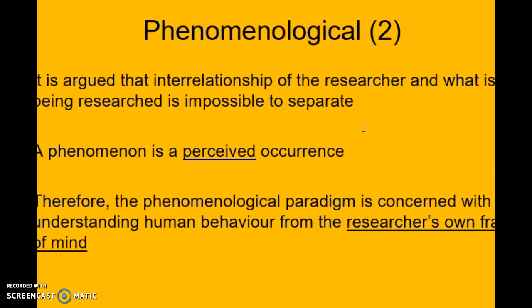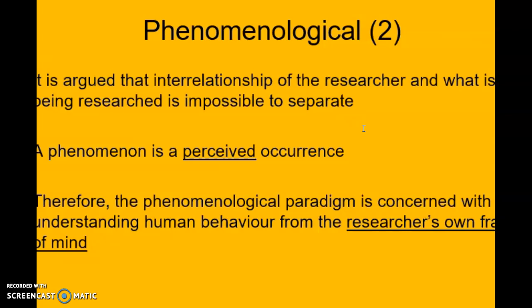This approach also argues that there is an interrelationship between the researcher and what is being researched, that you can't separate the two because you're the one making the observation. Sometimes you would have to make judgment, and those judgments have to be based maybe on your experiences. It has to be based on how you perceive the context, and each of us perceives things differently.